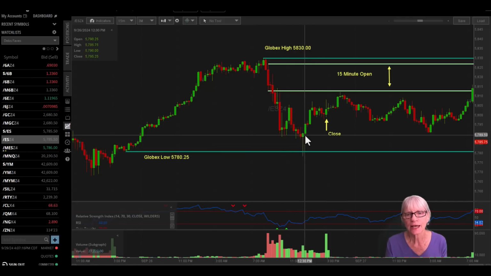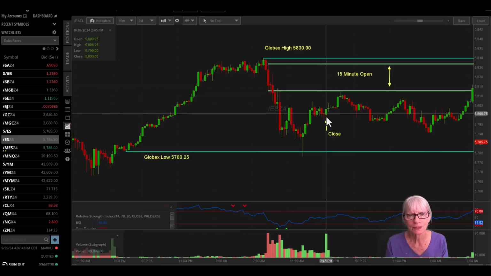We had a nice inverted hammer here, and then we had a move back up. Now, you certainly could have gotten out of your short trade by that time, and you would have then been able to get into a long based on this pattern here. And then this was our close right about here at 3 p.m. So you can see it never got even back up to that first 15-minute candle range.